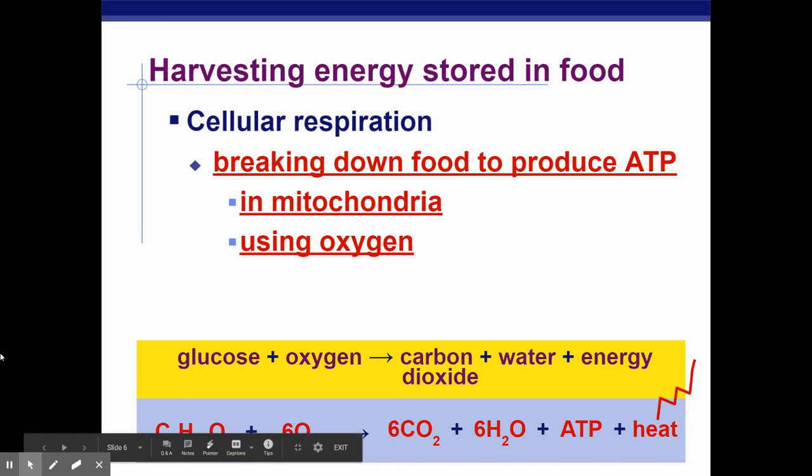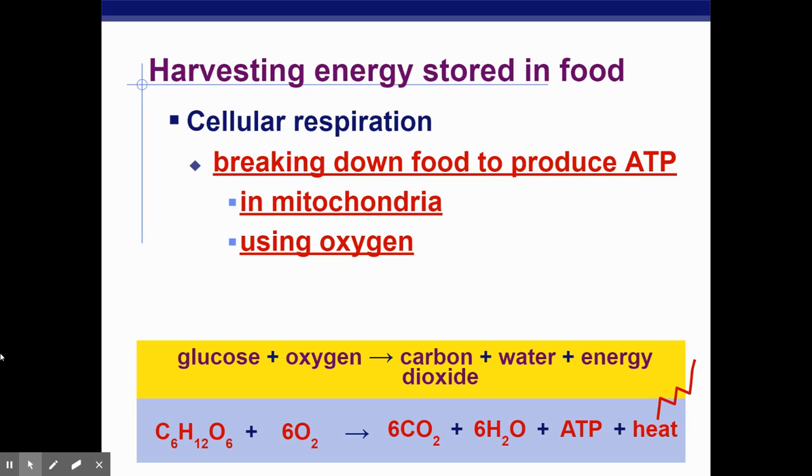Oh, and then down at the bottom, you can see our formula. We've got it in word format and in the symbols, and you are going to be required to know both. So glucose plus oxygen, that's what's required to go into those mitochondria. And what gets produced is carbon dioxide, water, and energy.